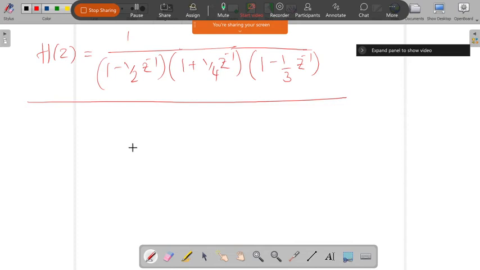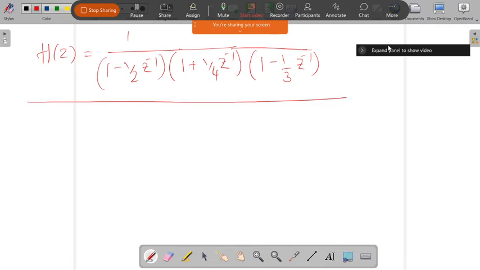Okay, so now we need to find out what h of n is. How to find this one? There are 3 coefficients in this one, and we need to find out these 3 coefficients. If the problem is given like this, you can use this method to find h of n, or the coefficients a, b, c.